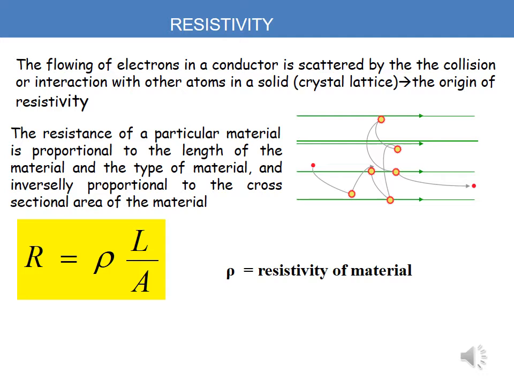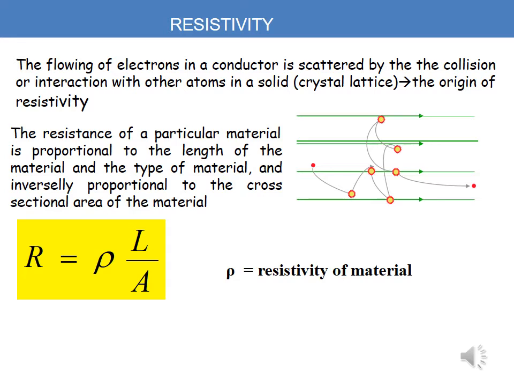The resistance of a particular material is proportional to the length of the material and the type of material, and inversely proportional to the cross-sectional area of the material. Rho, or the resistivity of the material, depends on the type of material.